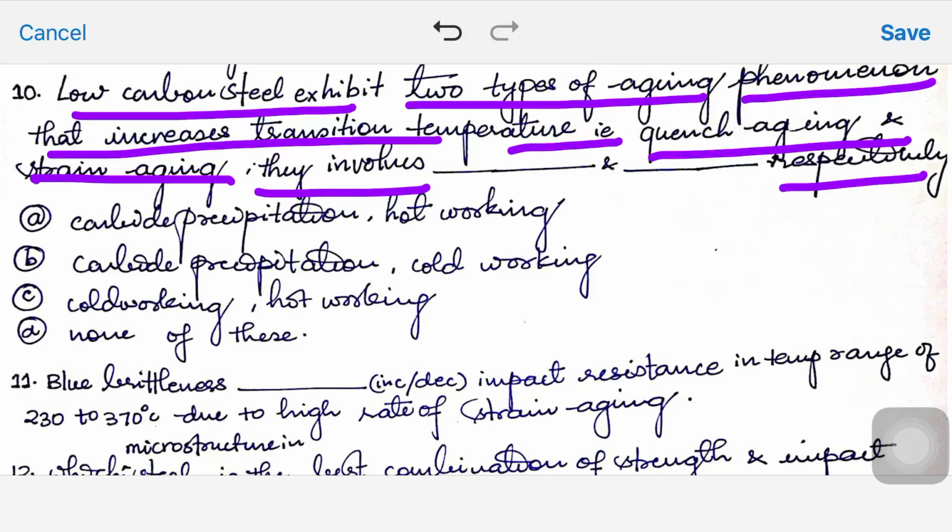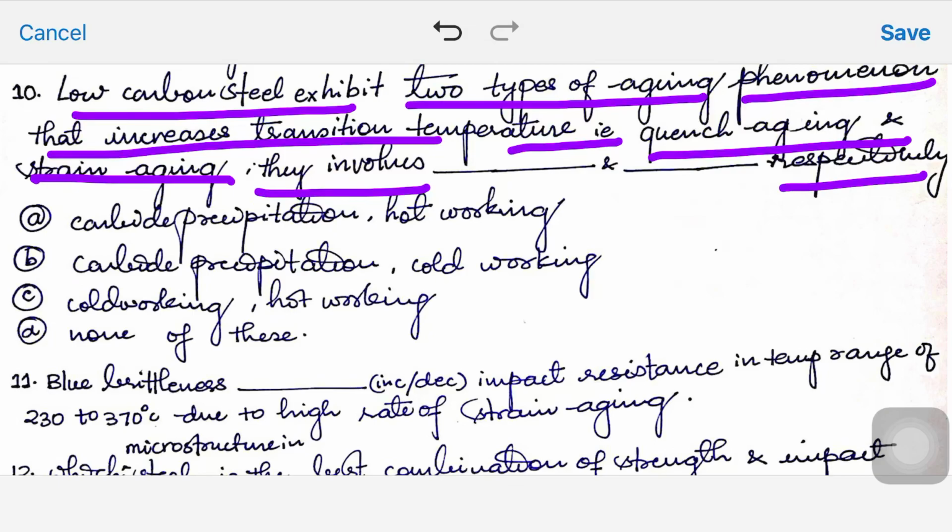The main phenomenon occurring in quench aging is carbide precipitation. When carbide is precipitated along the grain boundary, since carbide is very brittle and hard, there is more chance of brittle fracture.